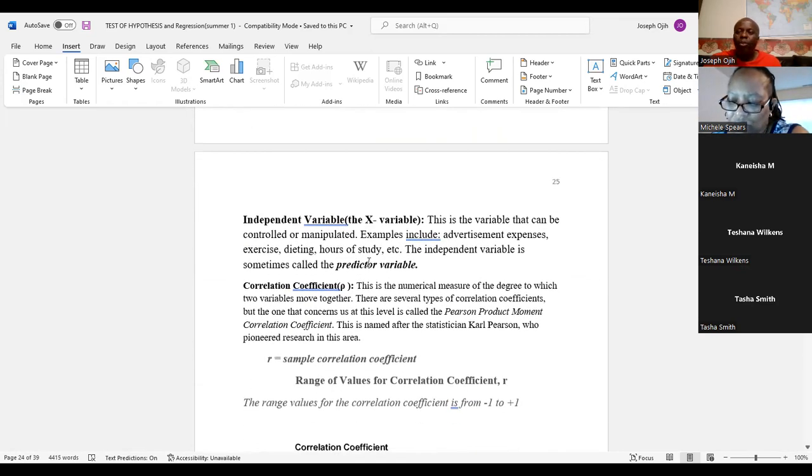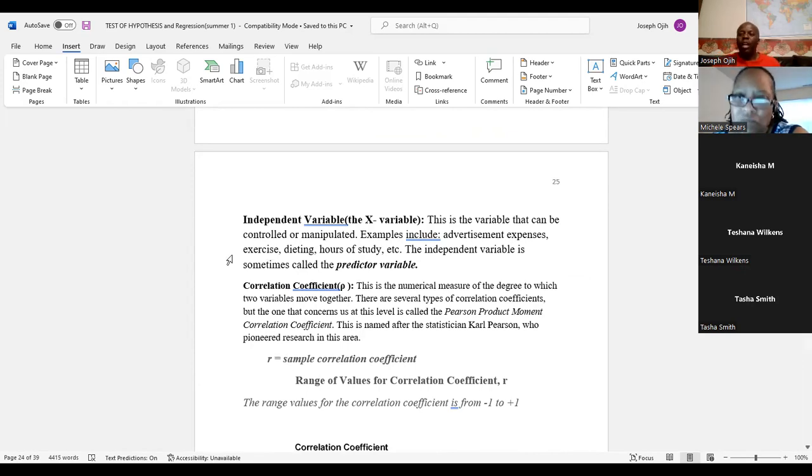The independent variable you can control. You can manipulate it, you can control it. Example, advertisement expenses. You can decide to spend $1,000 in advertisement, or you can decide to exercise only for 1 hour in a day. You can decide to eat twice a day. But if you decide to exercise only for an hour a day, you have no control over how much health benefit you get from that.